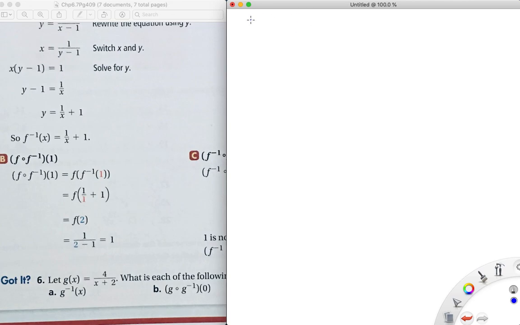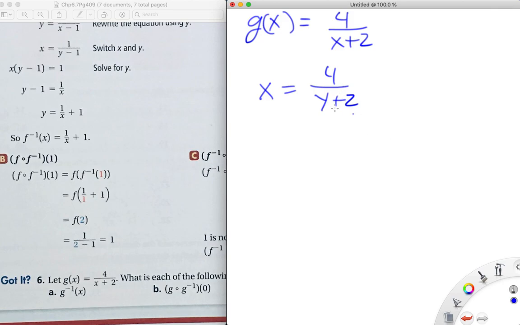So here they give me that g of x is equal to 4 over x plus 2. So if I wanted to do the inverse, I switch the x and y. x equals 4 over y plus 2. Multiply both sides by the denominator, which is y plus 2. What I do on one side, I do to the other.